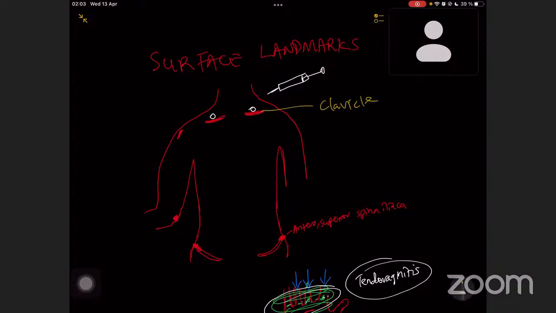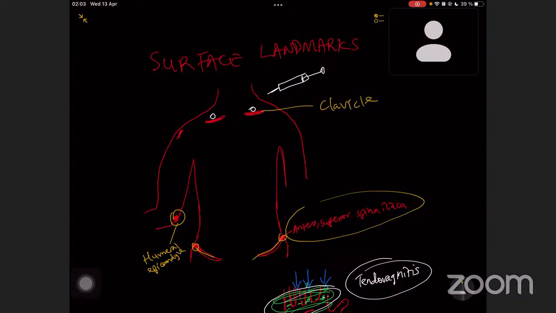We have, for example, the humeral epicondyle here, or the anterior superior iliac spine, right? Anterosuperiorly, you have a prominence there on either side of the waist.